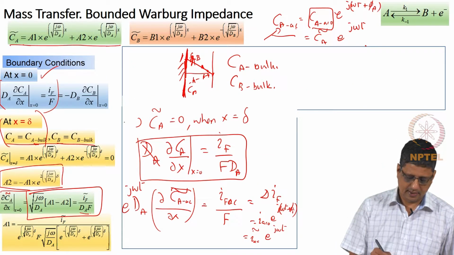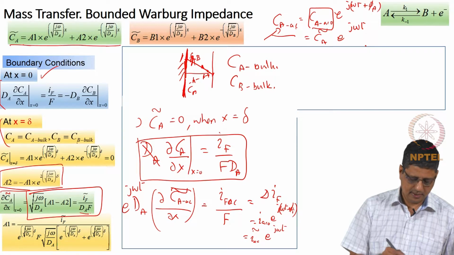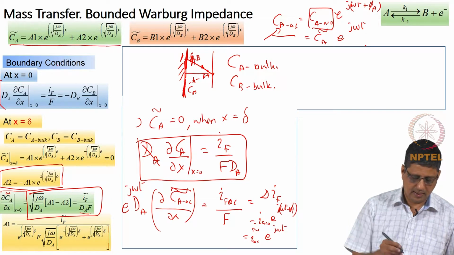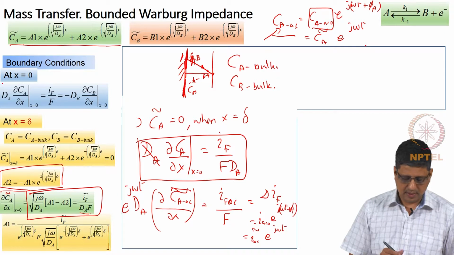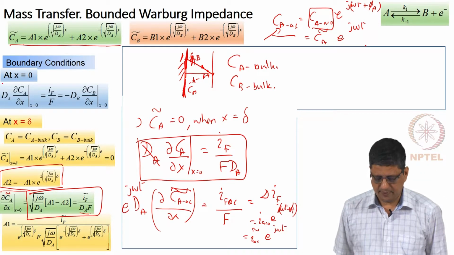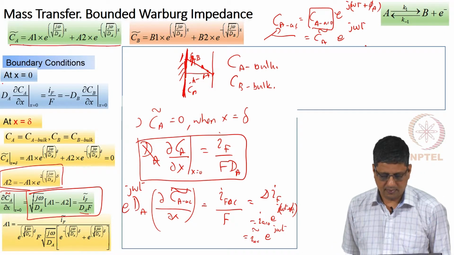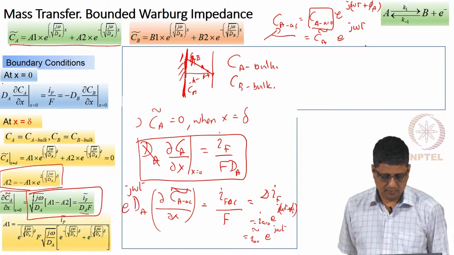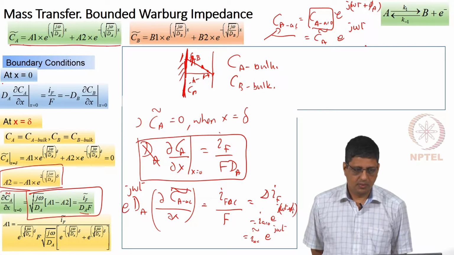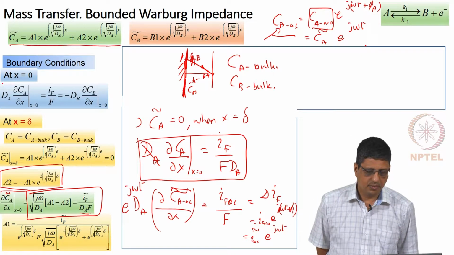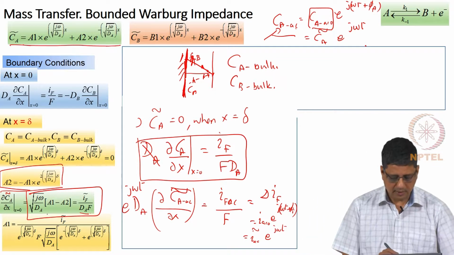Yes. So here we are solving dou Ca tilde by dou x, right? At x equal to 0. Yes. So if you substitute A2 in the form of A1 in that, we will get IF tilde by dA into F, right? To solve A1 from that equation, dou Ca tilde by dou x at x equal to 0.